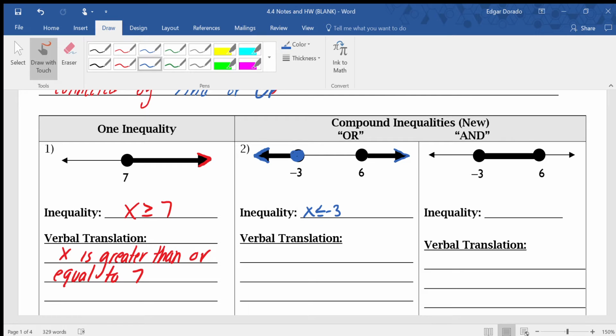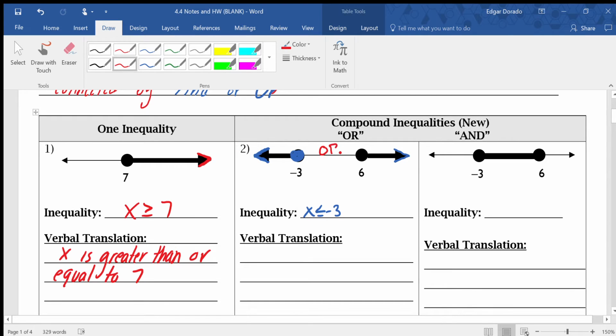Now, if you guys remember from yesterday, I told you guys, if you see a gap like you see here, okay, then that means we have to write in the word OR. Now, you don't have to write it in there, but that helps you remember that here, this is going to be an OR statement. You do have to write the word OR here, not necessarily up here, okay? But on your final statement, when you write your inequalities, you have to write the word OR.